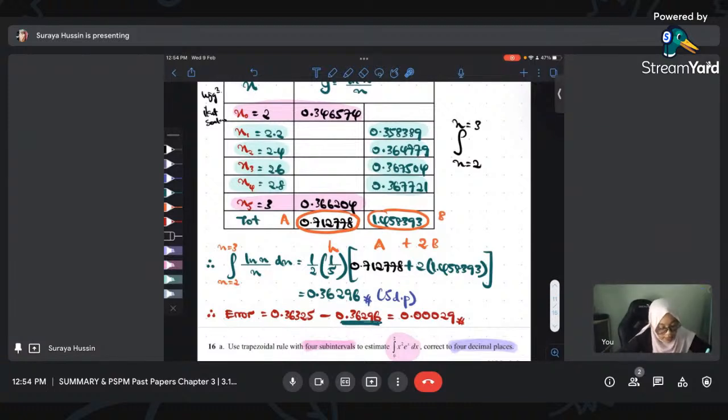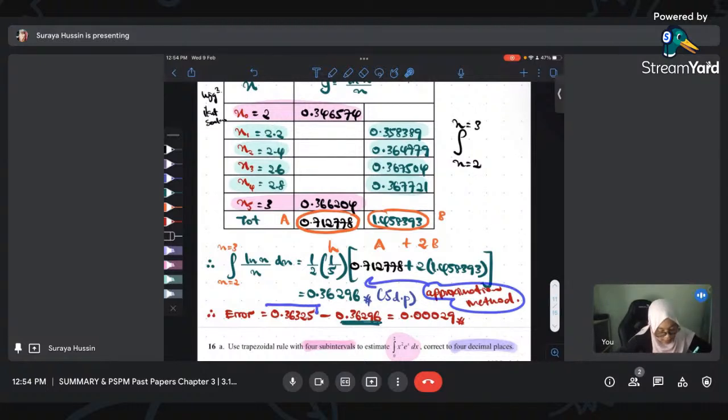Okay? Dia ada error because trapezoidal method adalah approximation punya method. One thing that you have to know, trapezoidal rule adalah approximation punya method. Dia tak tepat. Jawapannya kurang tepat.